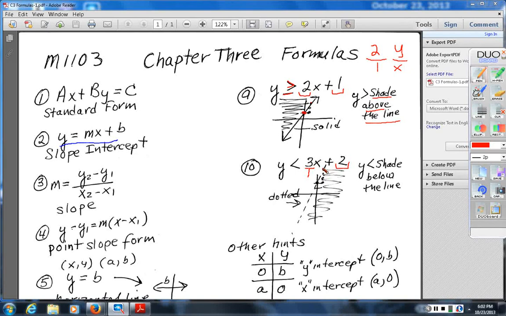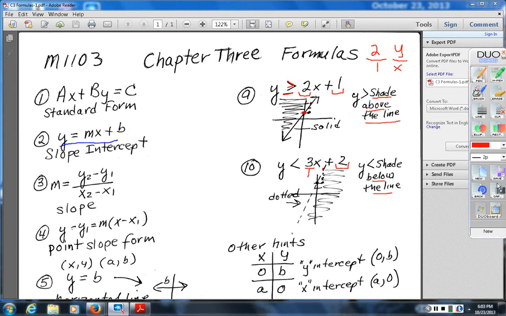And then here's a little difference from above, that since y is less, the part that you're going to shade, as I have indicated here, is below the line. So that's the part you throw the bucket of paint. Okay? And since it's only an inequality and there's no equal sign, the line that you choose in MATLAB will be dotted.